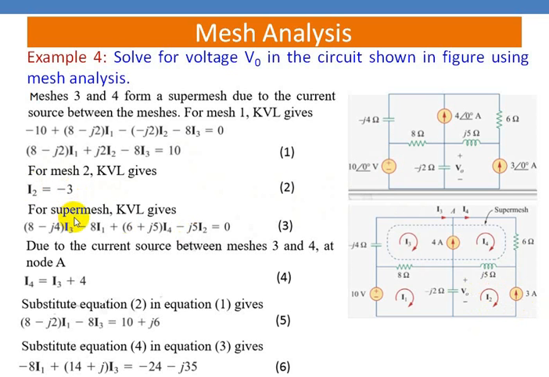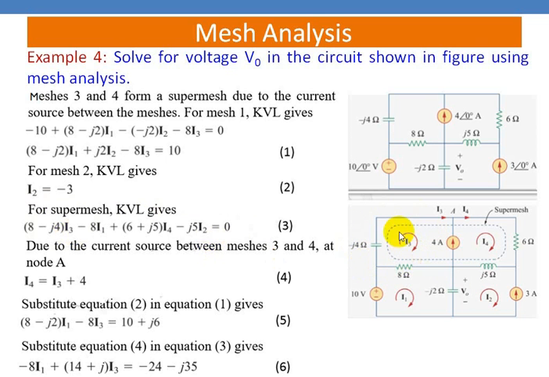Now for the super mesh, KVL gives. So for this super mesh, I'll tell you how to write this. For I3, for this particular mesh, you add all the elements, that is resistances and reactances in this mesh. That is 8 minus j4 into I3. This is the first step.